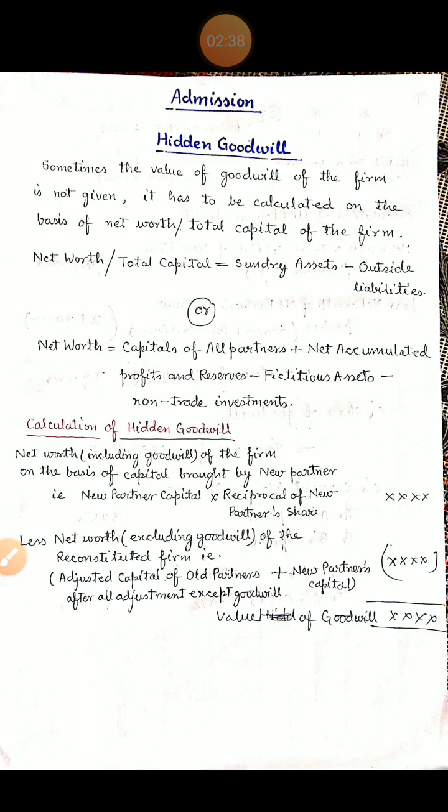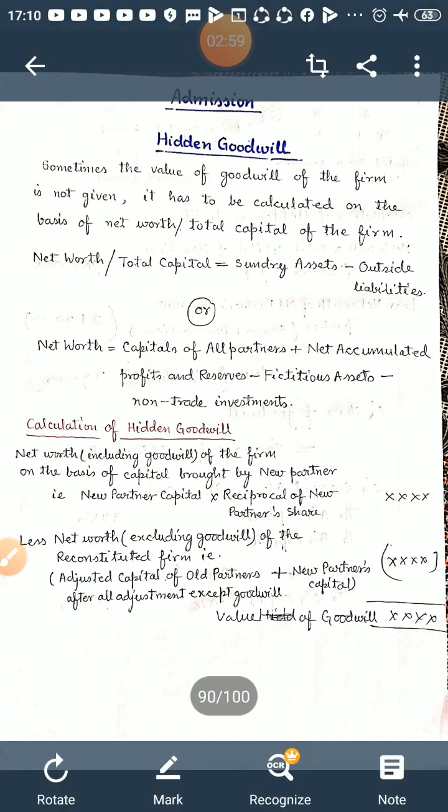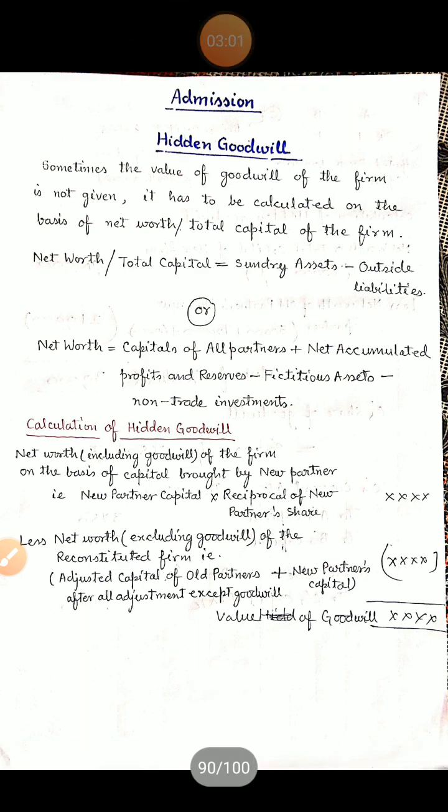It is also known as the balance sheet equation, because in the balance sheet, capital plus liabilities equals sundry assets. But it has relevance here because it is going to be applied here. When I say net worth, it is capital. This term is also going to be used, that's why I'm clarifying. So net worth or total capital equals sundry assets minus outside liabilities. This is one way you can calculate the total capital.